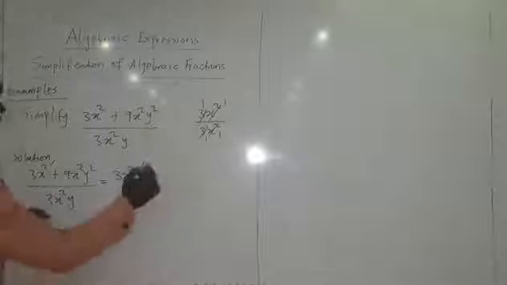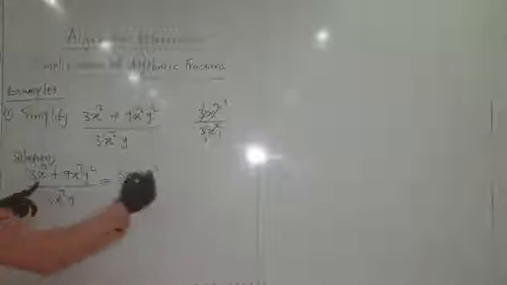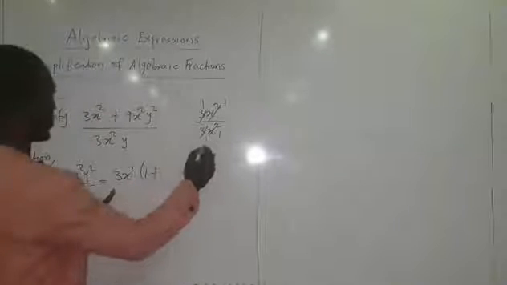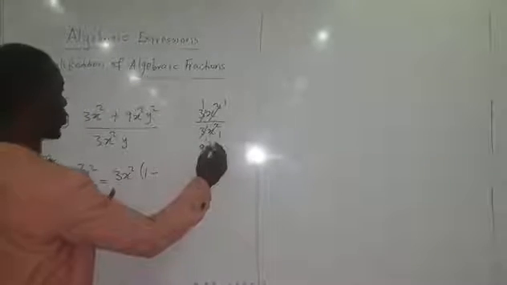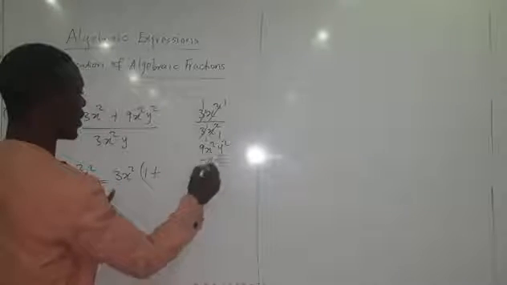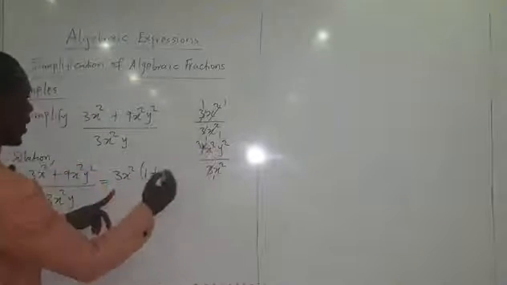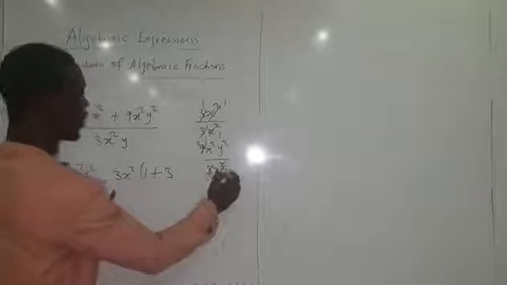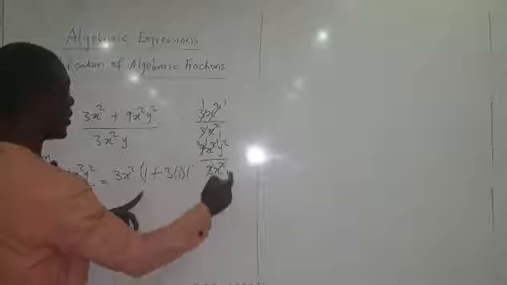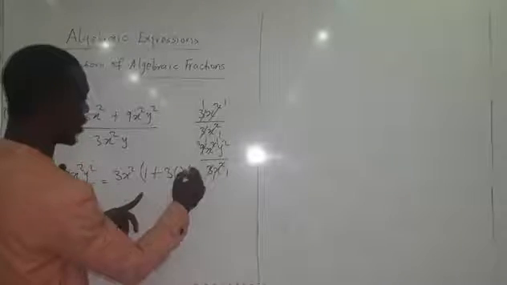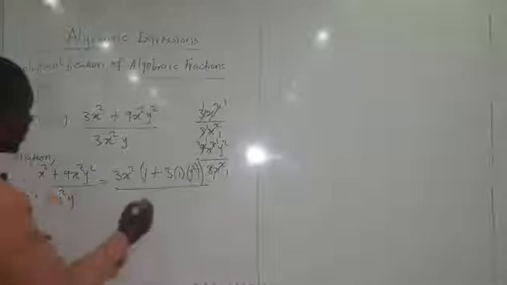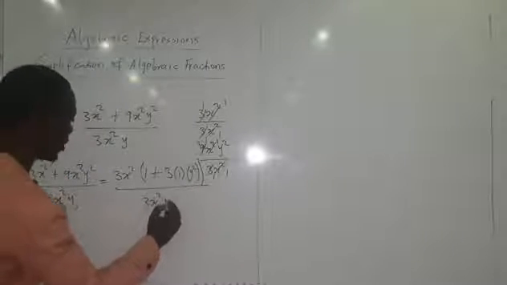So you are left with 1 for this one, then plus 9x squared y squared all over 3x squared. So 3 in 3, 1, 3 in 9, 3. So we have 3. Then x squared in x squared, 1. Then 1 in y squared, that is y squared. Then you close the bracket all over 3x squared y.